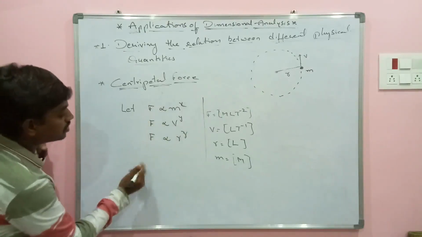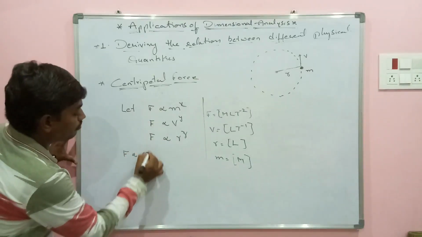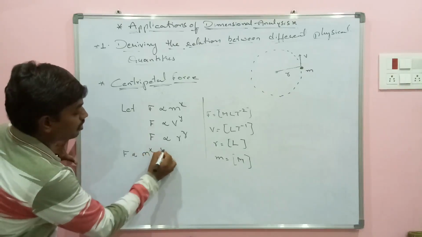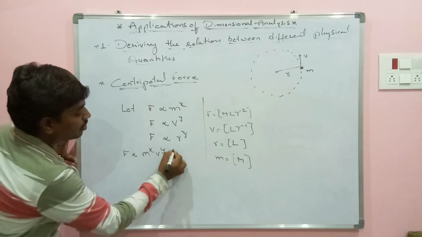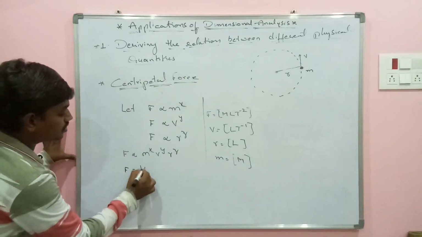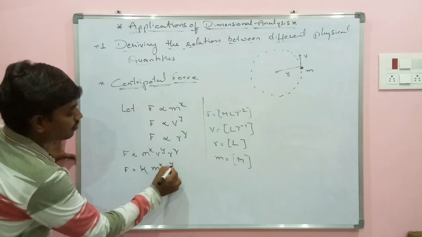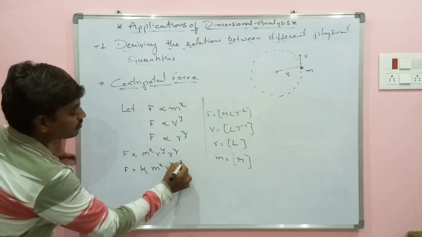Combining these three, I will get F proportional to m power x, v power y, r power z. So I can take F is equal to some constant k into m to the power of x, v to the power of y, r to the power of z.